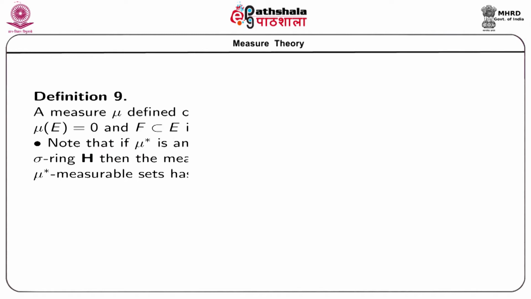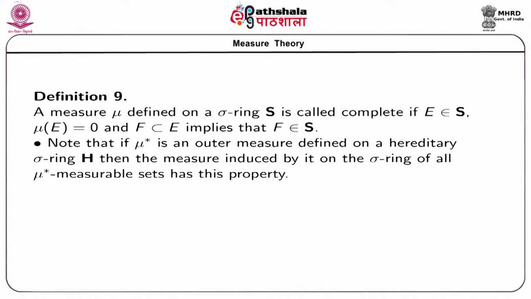A measure mu defined on a sigma ring S is called complete if whenever we take a member E of S whose measure is 0, all its subsets also belong to the sigma ring S.